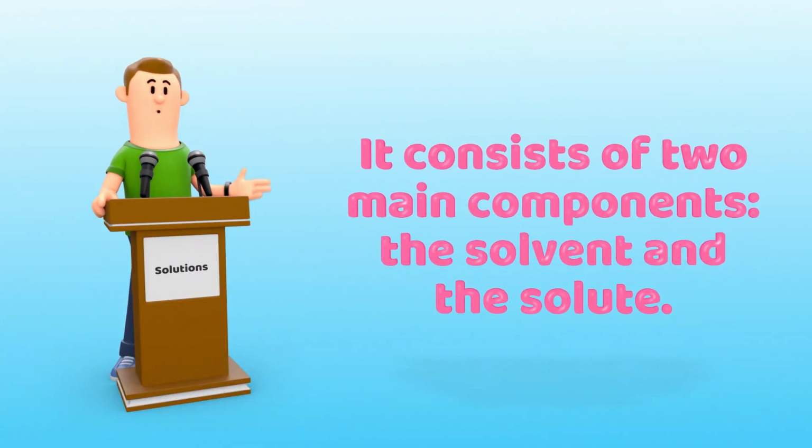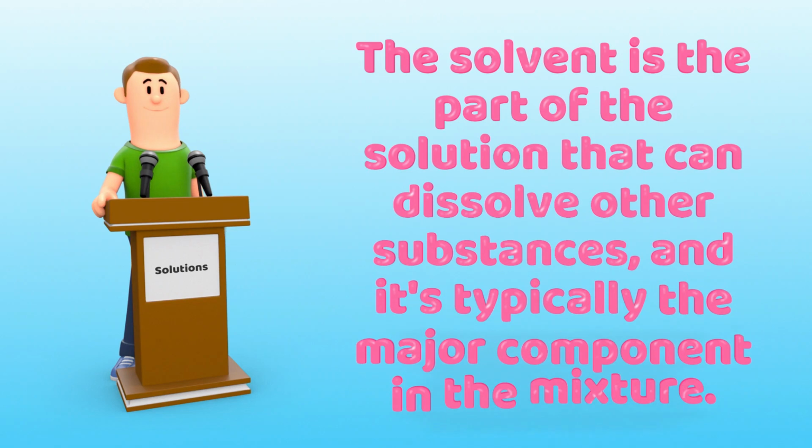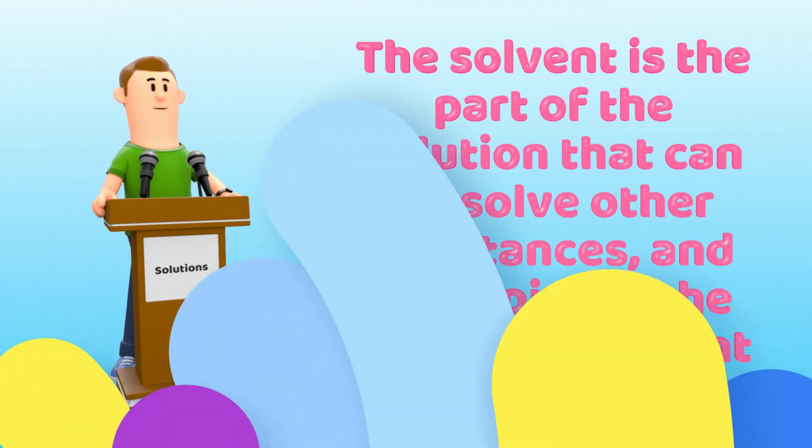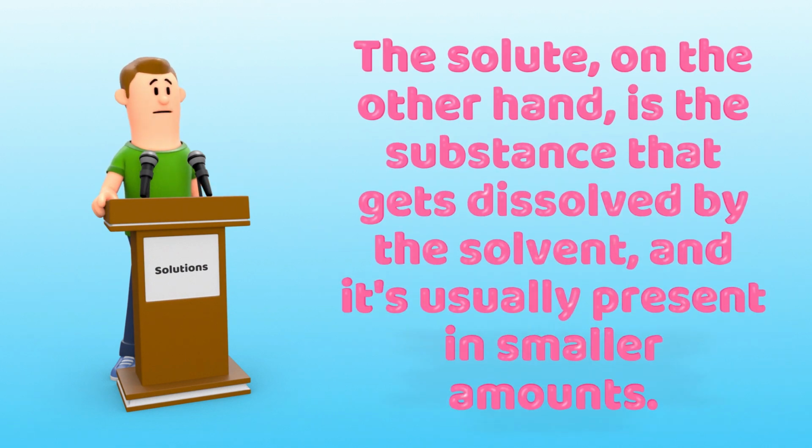A solution consists of 2 main components, which we call the solvent and the solute. Let's see what they mean. Let's start with a solvent. A solvent is the part of the solution that can dissolve other substances, and it forms the major part of the mixture. On the other hand, a solute is the substance that can dissolve in a solvent.